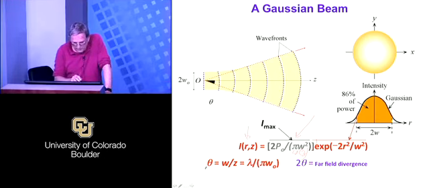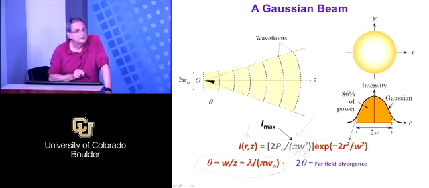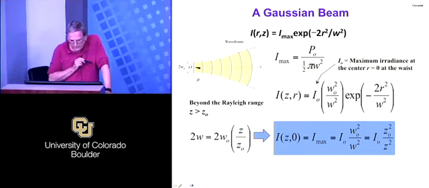And again, we remember that the divergence angle is something like lambda divided by the angle of the beam coming out that way.